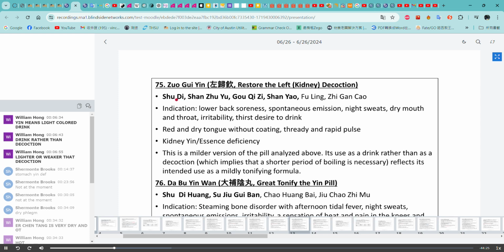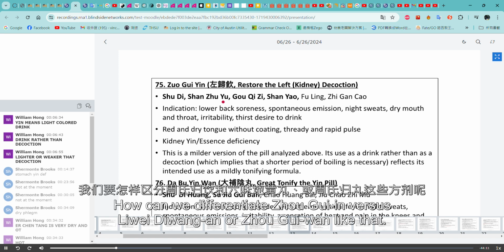And so it's low back soreness, spontaneous sweating, night sweats, dry mouth and throat, irritability, thirst to drink. So here's a problem. How can we differentiate Zhugui-in versus Liu Wei Di Huang Wan or Zhugui-1?